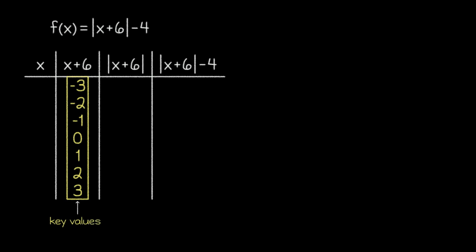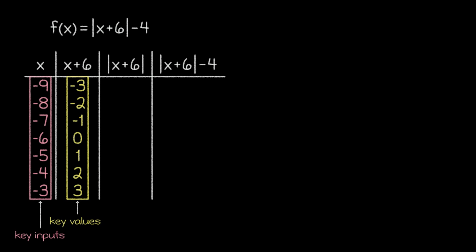And we'll call these inputs the key inputs. For example, in this function, we need to subtract 6 from our 7 key values to achieve the inputs of the function. Thus, these 7 numbers would be our 7 key inputs.